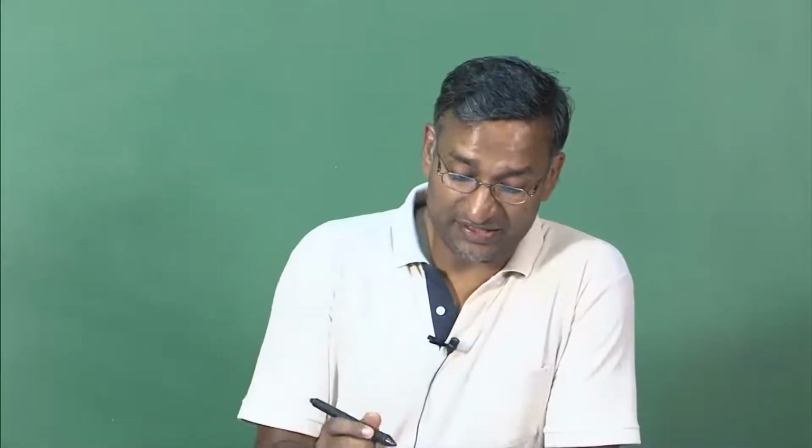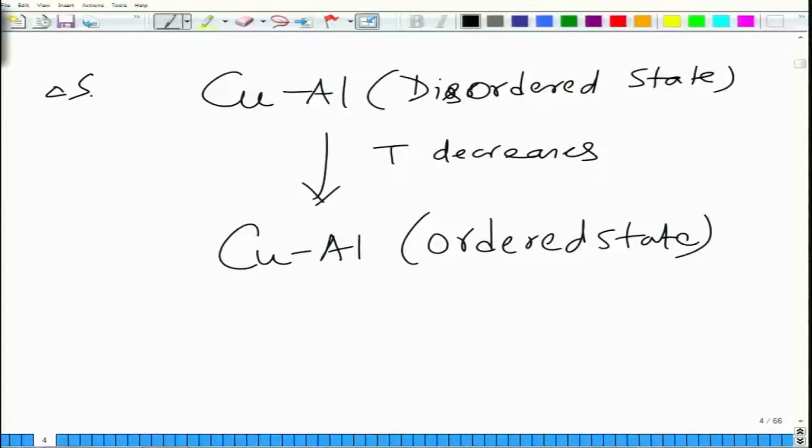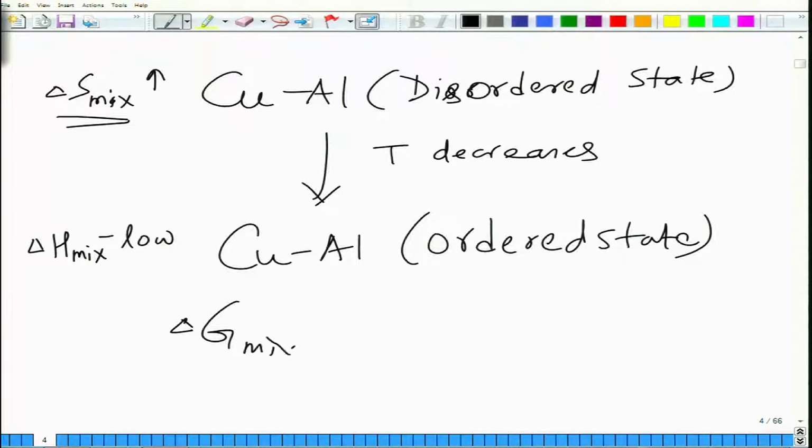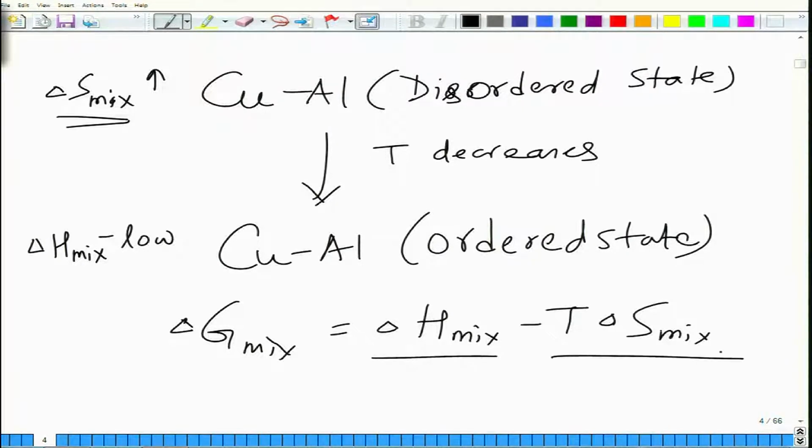You can see that when it is disordered, then delta S mix, which is driven by configurational entropy, is high, whereas when you have an ordered solid solution state, delta H mix is low. Delta G mix is delta H mix minus T delta S mix. So it is the competition of these two terms which determines which phase will be stable at which temperature.